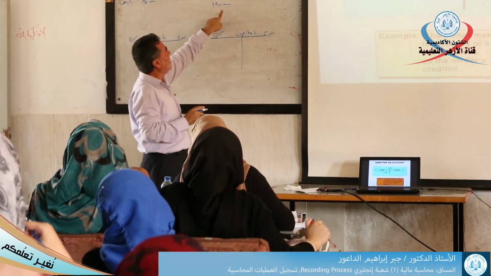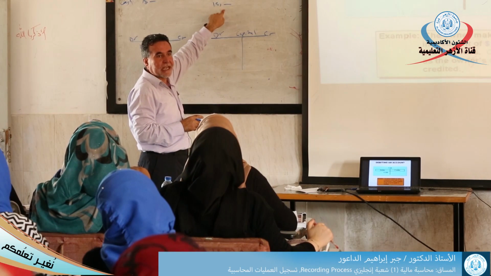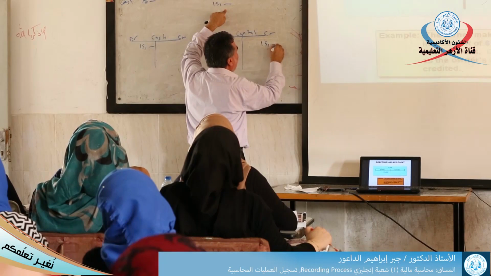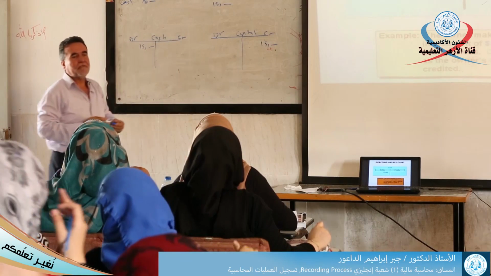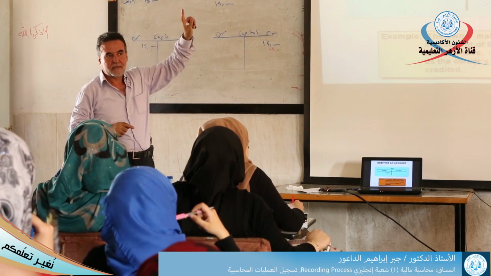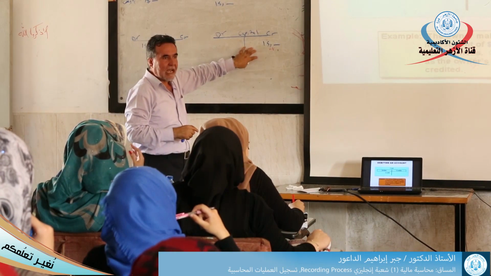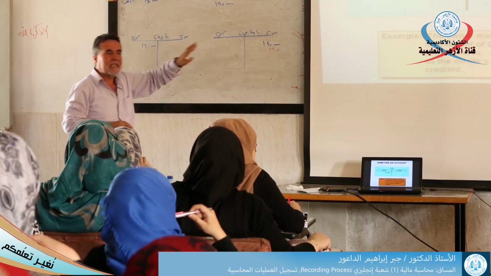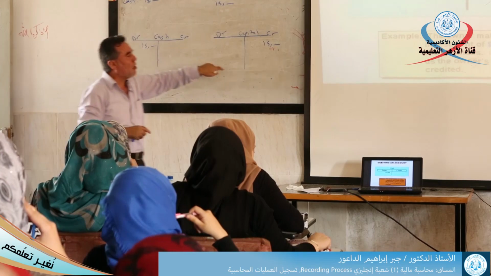Whereas capital, which credit side will increase, the credit side will increase by the same amount, 15,000. For cash, in capital account, just record any amount or any transactions special for capital.